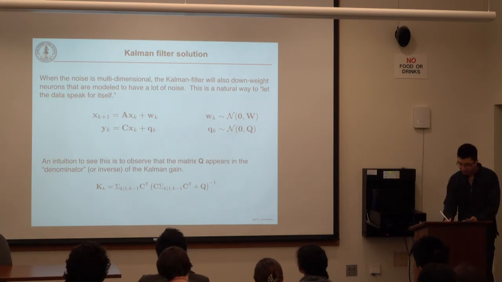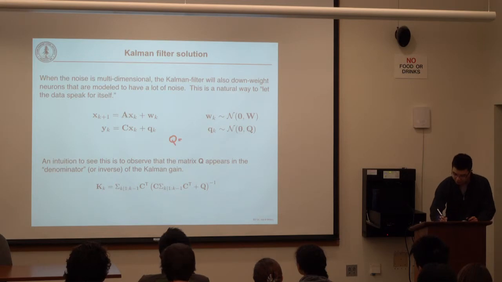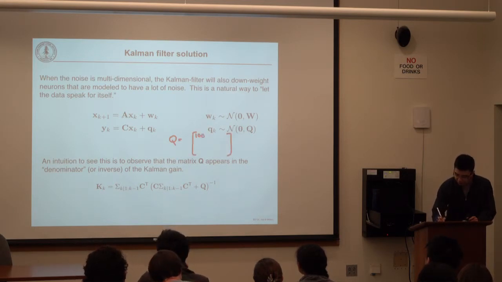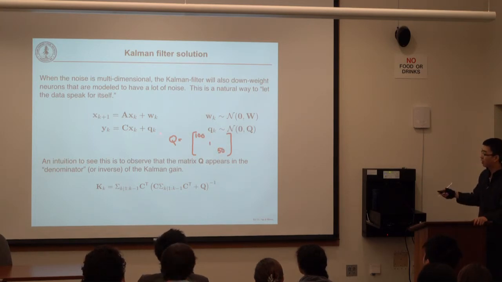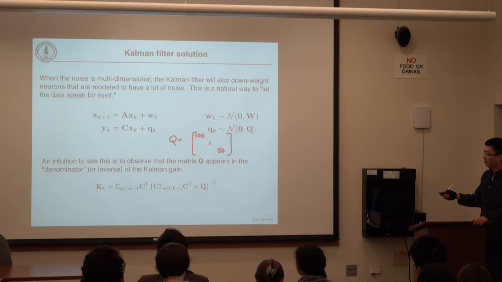What we'll have here is, if our Q matrix is equal to 100, 1, and 50, that means that the contribution of neuron 1 to the kinematics is really noisy, right? It's lousy, it's 100. And dimension 2, though, is pretty good.